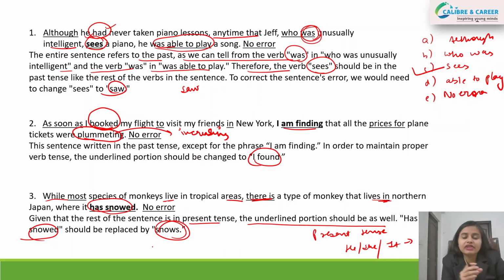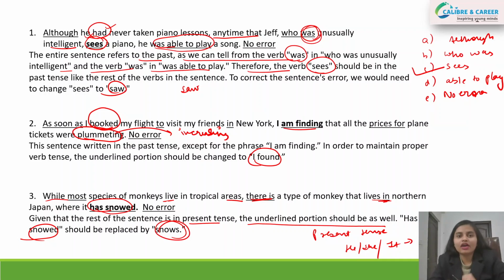See, when big sentences are given, it becomes quite tedious to identify the error. So try to read the sentence the first time and then a second time, and then you will be able to identify. First, identify in which tense it is given, number one thing. Second, if the whole sentence is given in past tense, then check whether there is something given in present or in future.